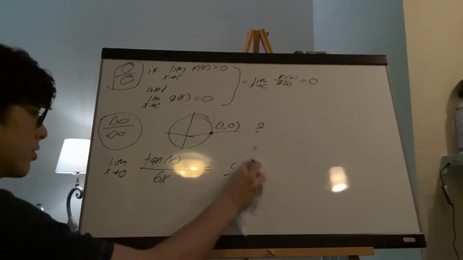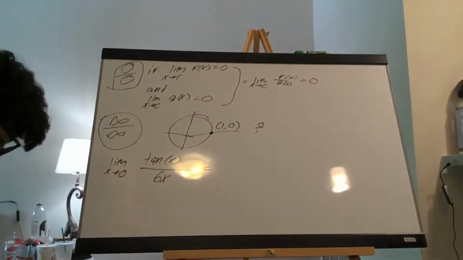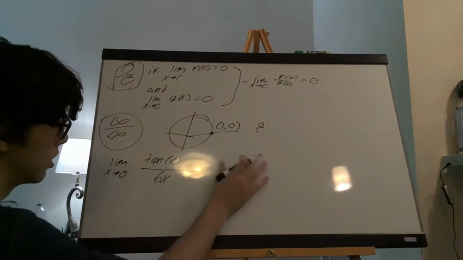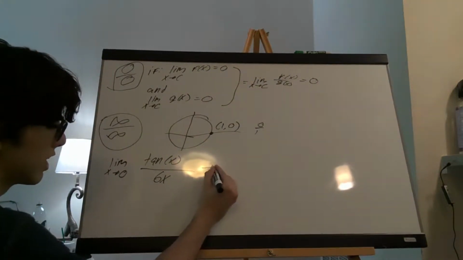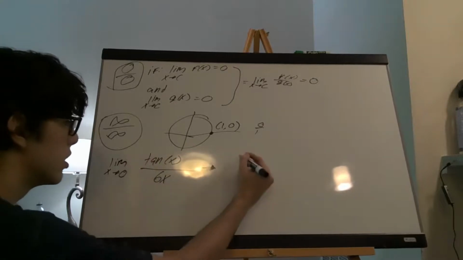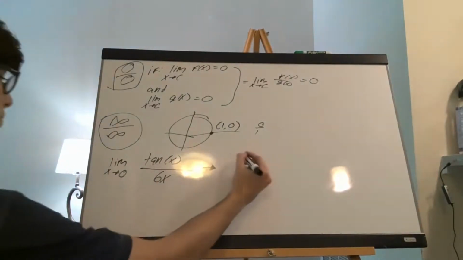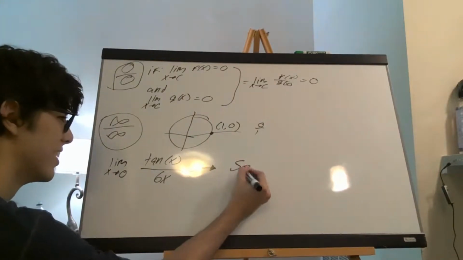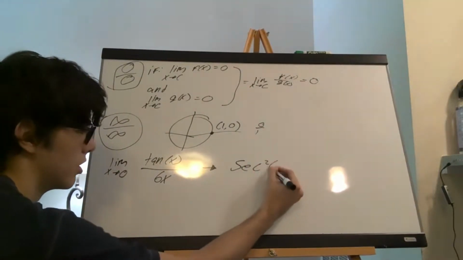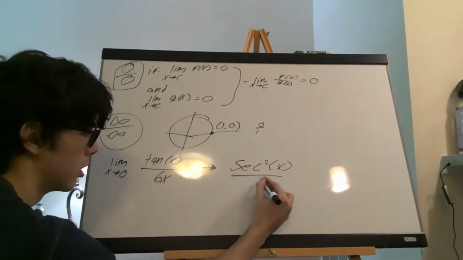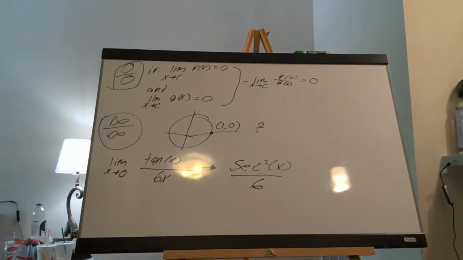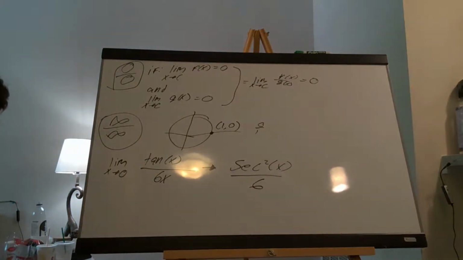So let's derive. Now I'm just going to change that to an arrow because they're not equivalent, or they are, but it's weird. You don't have to worry about it quite yet. And then secant squared of 0.